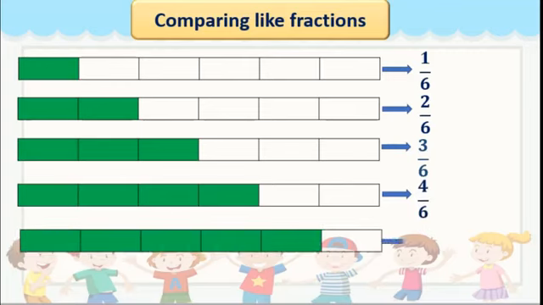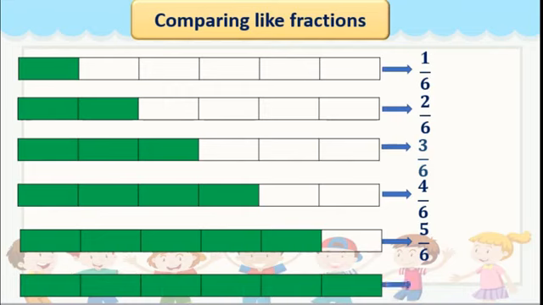Okay, and here we have colored 5 parts and here we have colored all the 6 parts. Got this, students? Here we want to compare the like fractions. Here these are all like fractions because they all have the denominator 6. Isn't it?